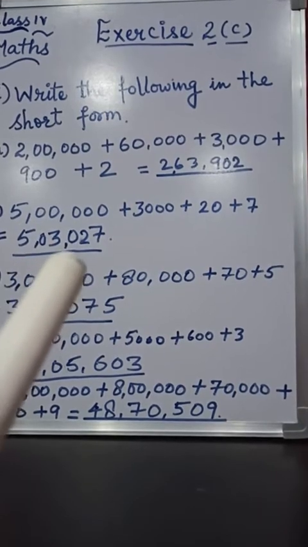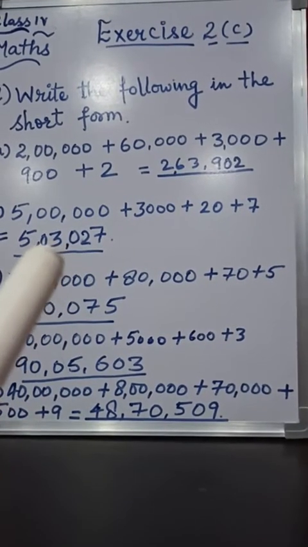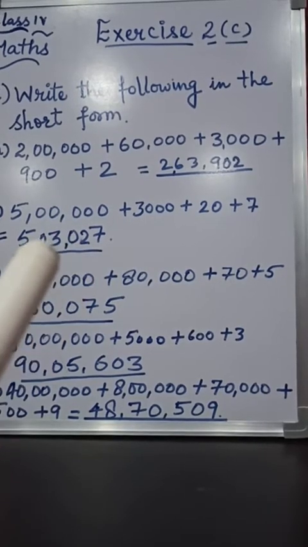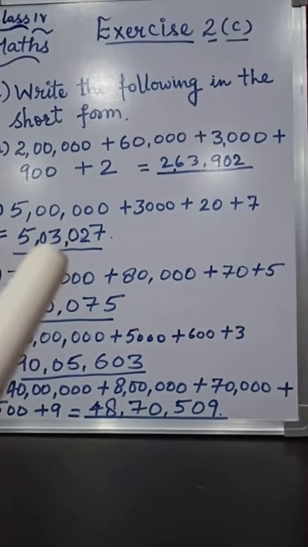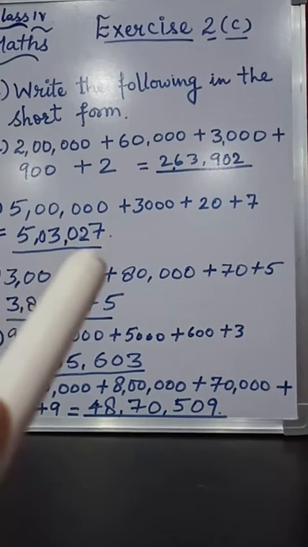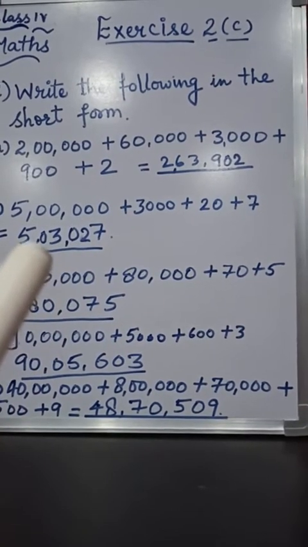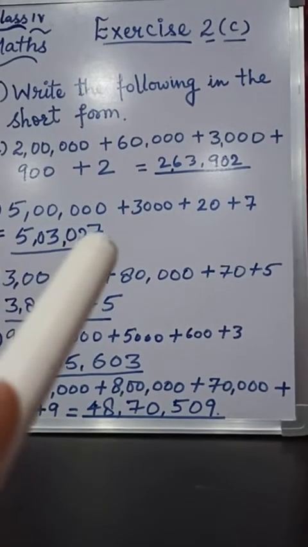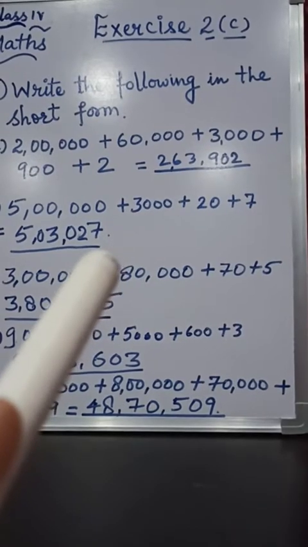Here again, on the place of 10,000 and on the place of 100, 0 is there, so we will write 00 here. So it is 5,03,027.